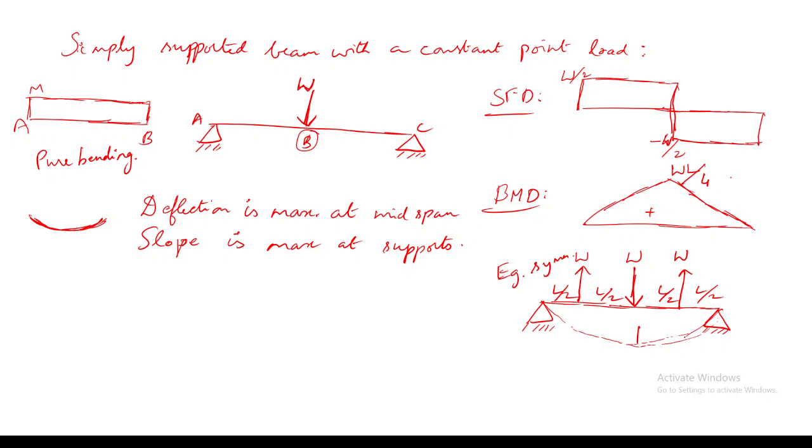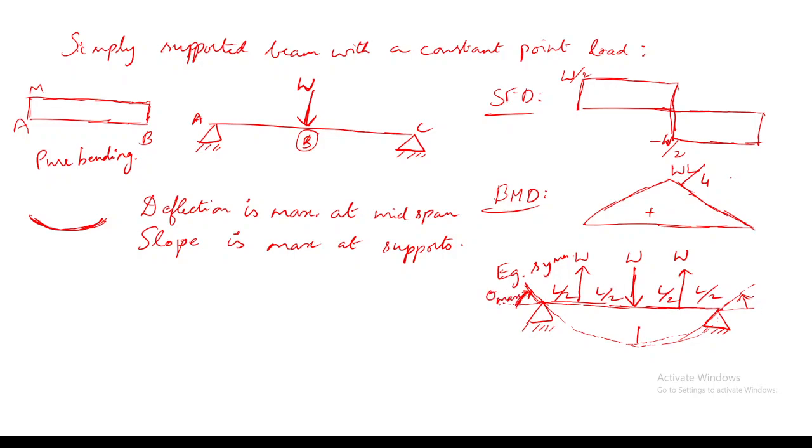And whereas if you draw the slope, it will be something like this. Okay, and how to measure the slope? It is like kind of an acute angle. So like this I will be measuring the slope, and we have already discussed the sign convention, right?